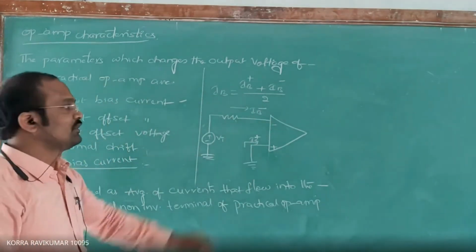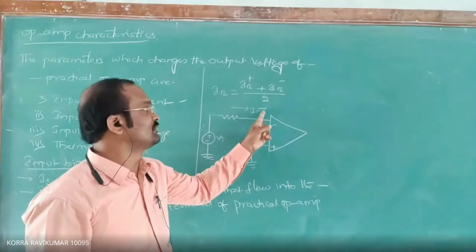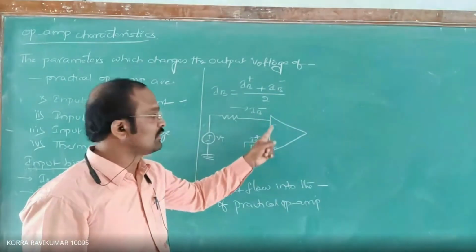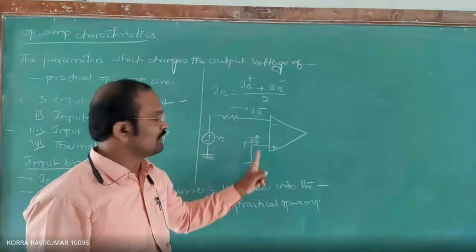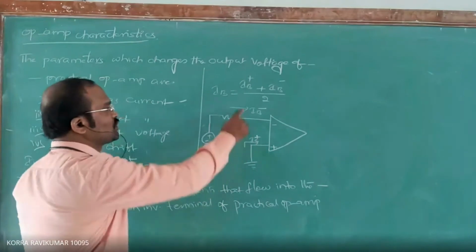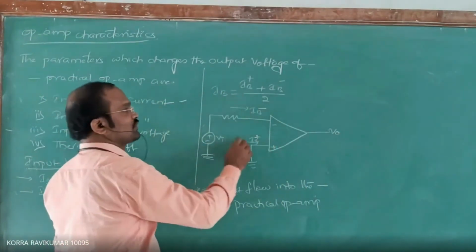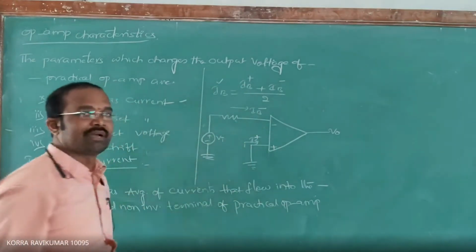Look at the suffix. The average of these two currents is nothing but the input bias current.